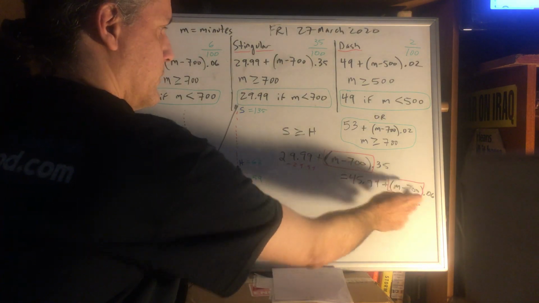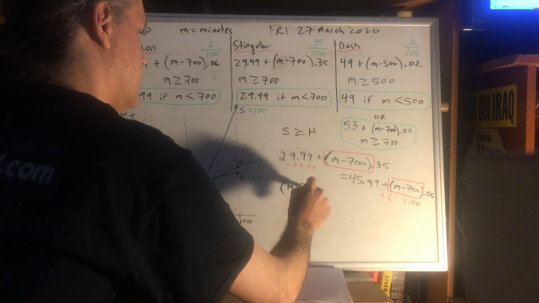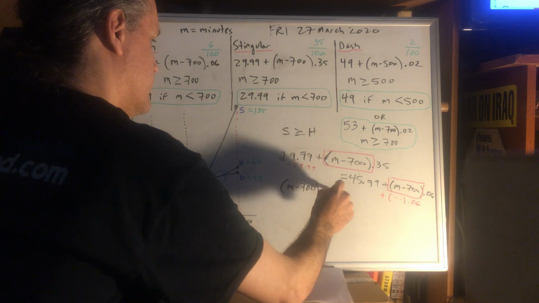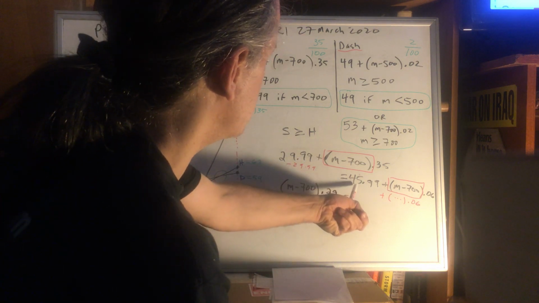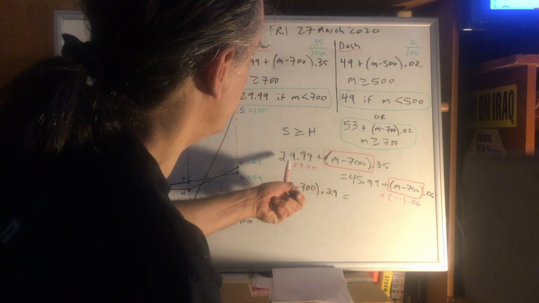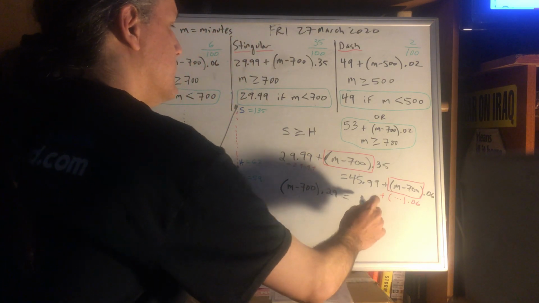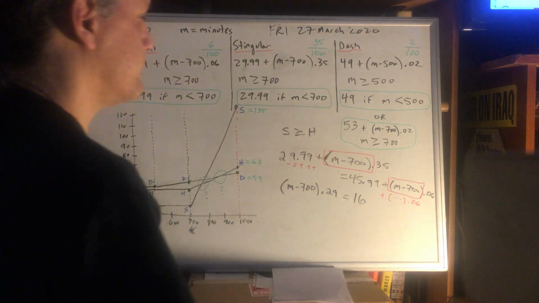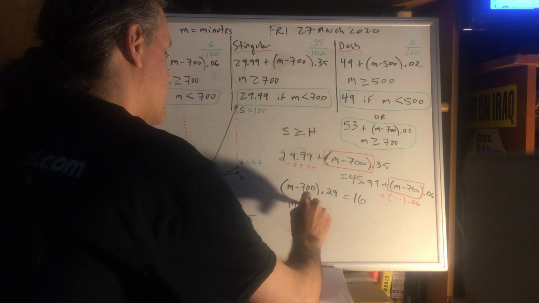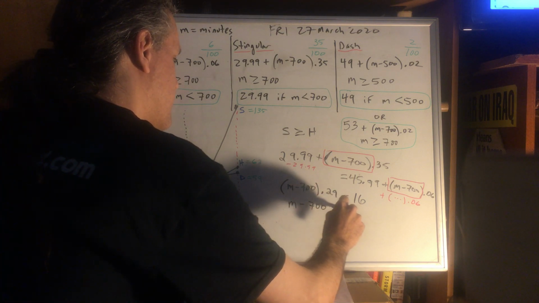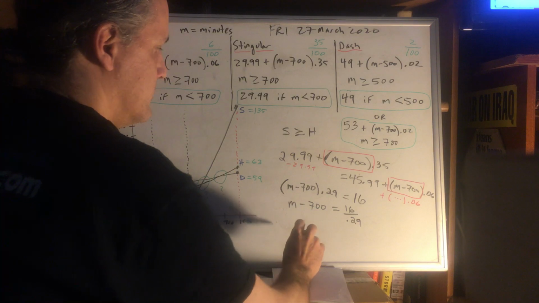Alright, so since that's 0.06 and that's 0.35, that means we have this times 0.29. And since these are both 0.99s, this is basically 46, that's basically 30. 46 minus 30 is 16. Okay, then you can divide by 0.29. And then you could add 700.